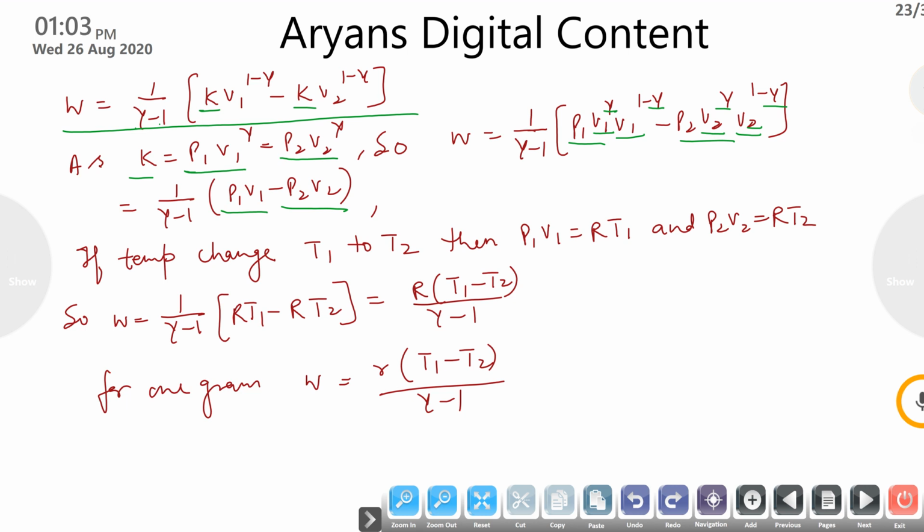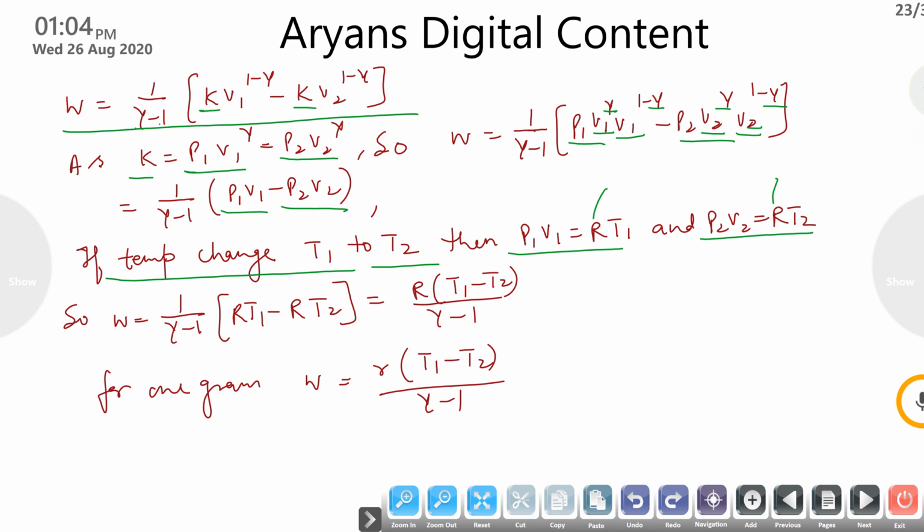Now I have to consider the change in temperature also. If the temperature changes from T1 to T2, then P1 V1 is equal to R T1. Similarly, P2 V2 is equal to R T2. R will remain constant because it is the gas constant.